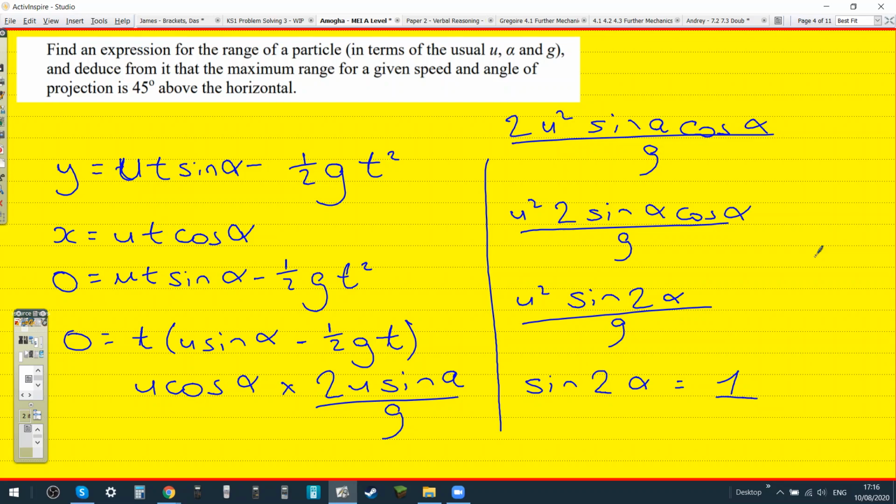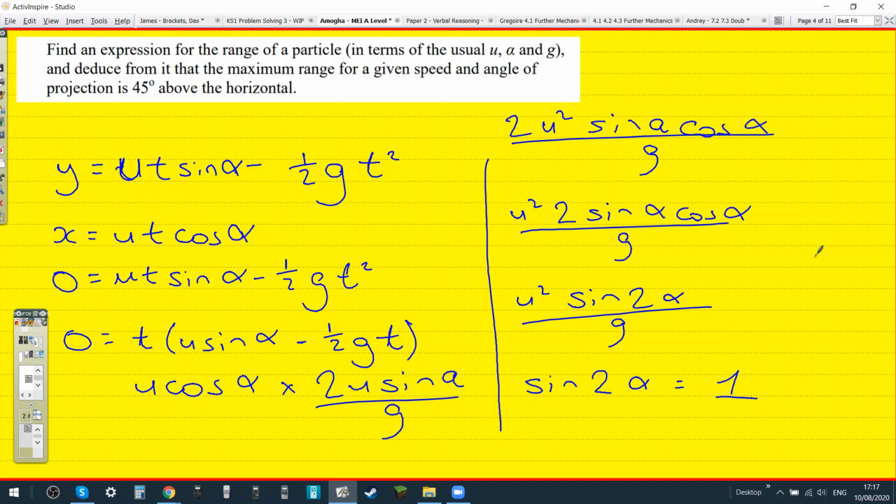At the maximum, you have u squared over g. Find the expression of range of particle in terms of u, alpha and g. Deduce from it maximum range for a given speed and angle of projection. Sorry. Yeah. So that's given to us, that sine alpha and cos alpha are the same thing. So that's just kind of given to us.